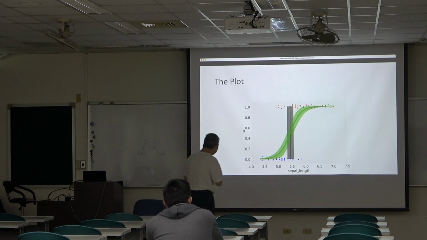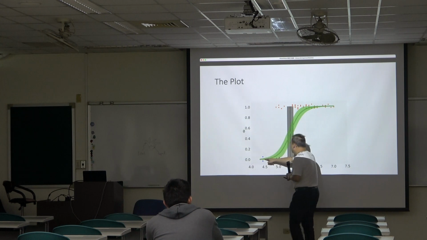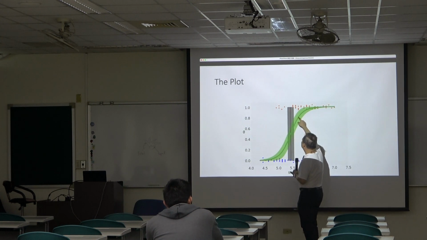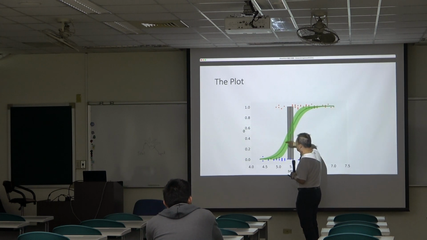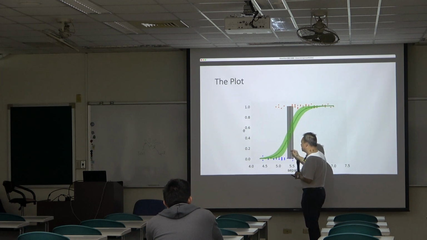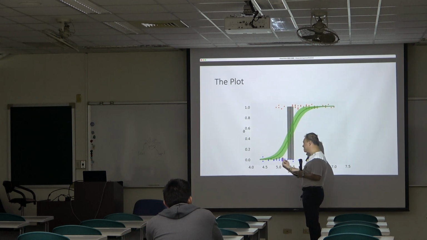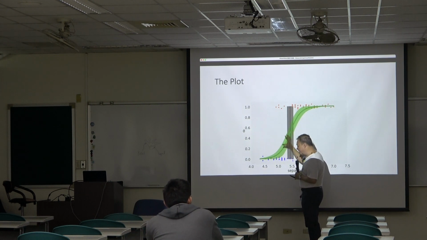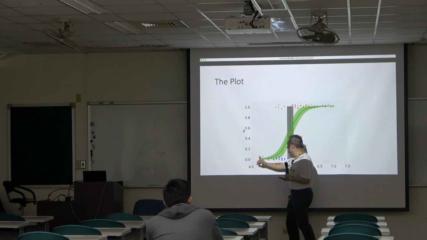Here, you see, this is the result of a logistic function, right? This logistic function is nonlinear, in the sense that when your feature is close to the center, your result changes faster than when your feature value is near the two ends.